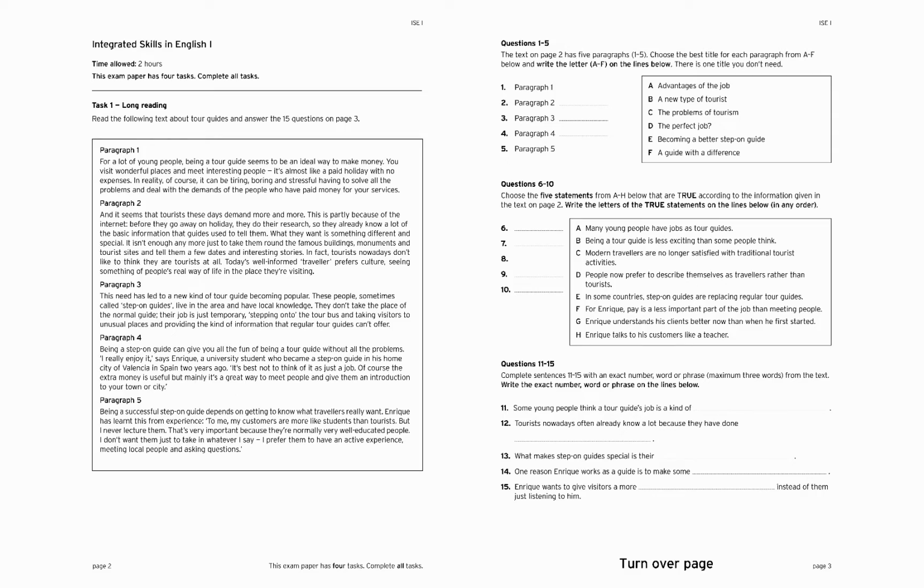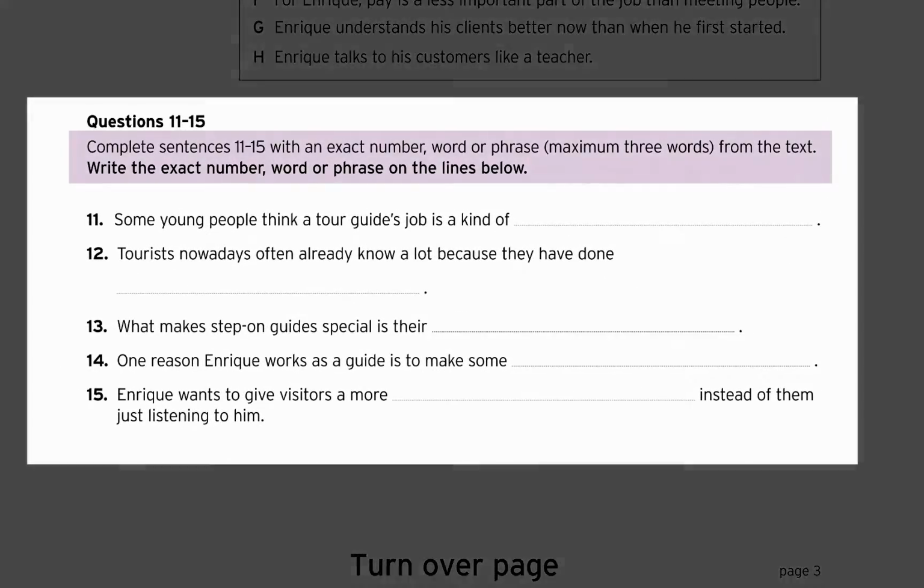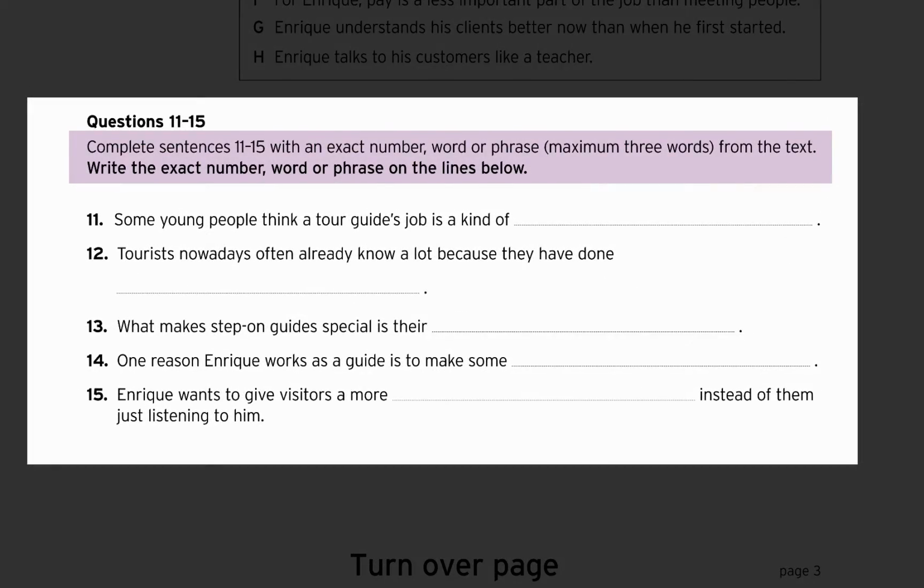Okay, let's look at questions 11 to 15 in more detail before you answer them. Complete sentences 11 to 15 with an exact number, word or phrase, maximum 3 words, from the text. Write the exact number, word or phrase on the lines below.